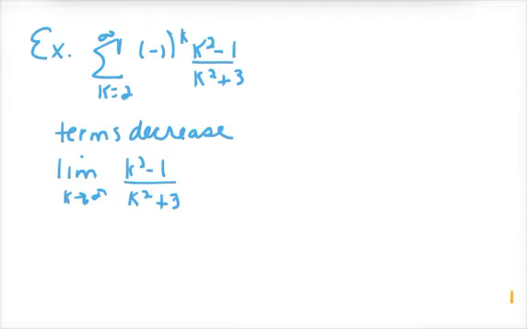You can either do L'Hopital's rule twice, divide through by the highest power, or just recognize that the powers are the same in the numerator and the denominator, so you take the ratio of the coefficients, which is 1.